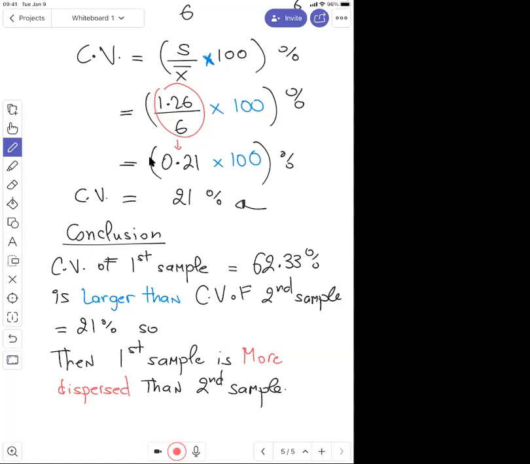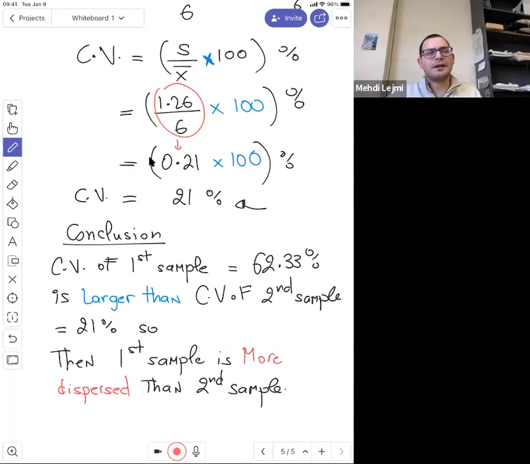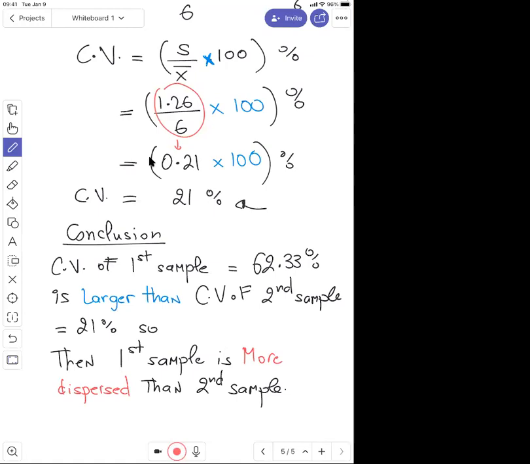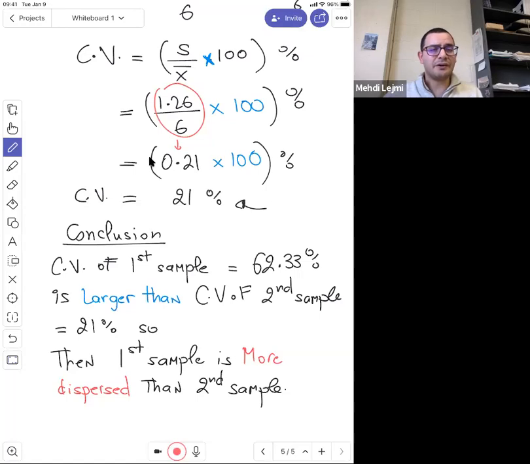Yeah, in the problem, it's going to ask you, for example, to compute the standard deviation, then the X bar, and then if needed, it's going to ask you to compute the coefficient of variation. And then it's going to ask you to use the coefficient of variation to compare the spread of the two data values.